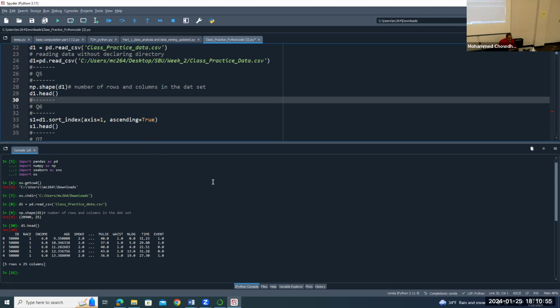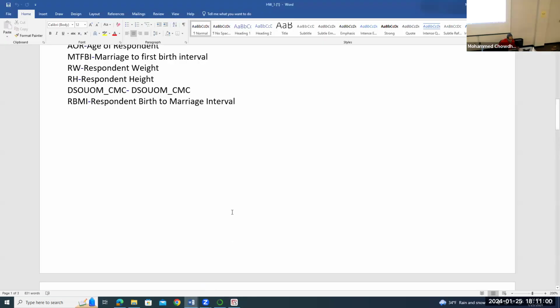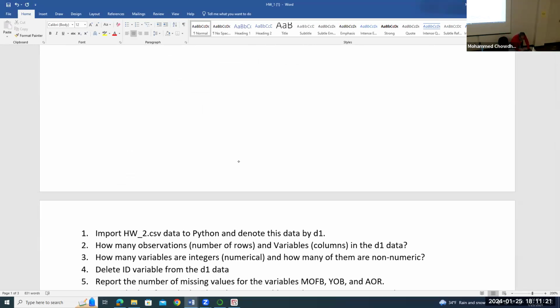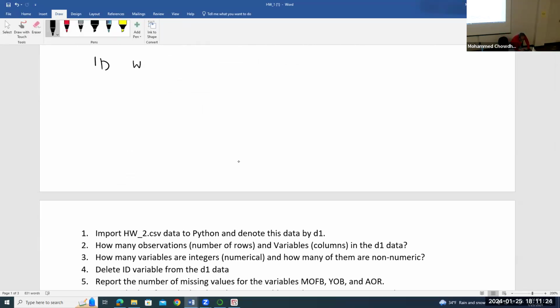Question number 6 is asking you, you have a data that has been written in this format. Let me write it in there. So suppose your data looks like this: this is ID variable, this is WT variable, this is age variable, this is waist circumference WC variable.